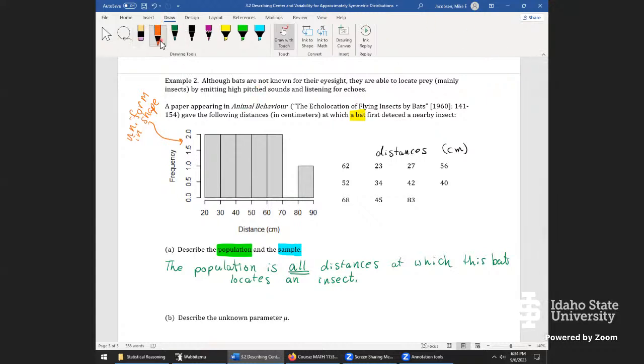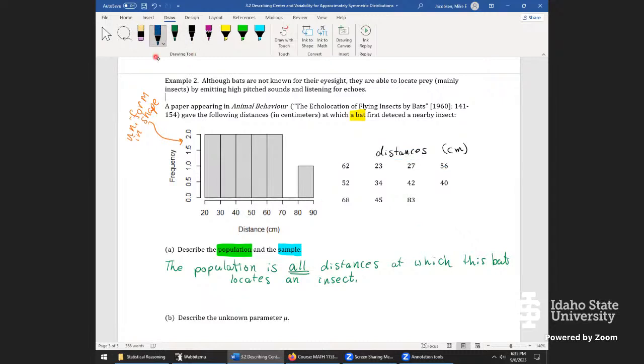And now if that's the population, any volunteers for what the sample ought to be on this one? Yeah, you're saying these values here? Exactly. It's the actual values that they came up with, the data that they outputted. It's not all distances that this bat could conceivably come up with in this research setting, but it is the ones that they did come up with.